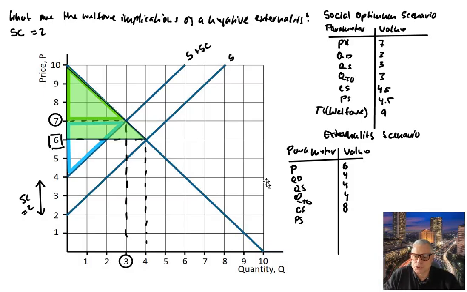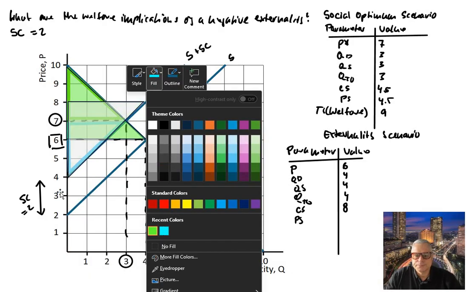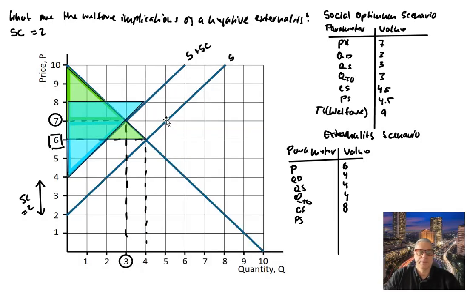And producer surplus is everything below the price that the producers get, which is 6, and above the cost. And so now we actually draw that here. So let's give it a different color. Okay.